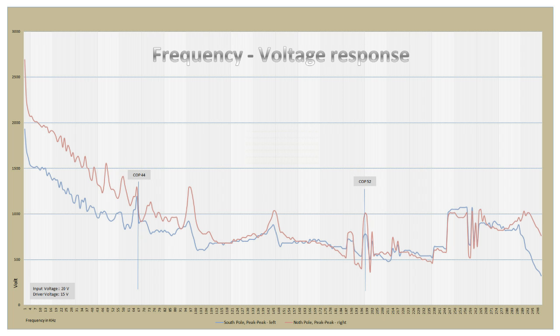Red stands for the north pole or the right hand side, blue stands for the south pole or left hand side. You would expect from a symmetrically arranged bipolar Tesla coil that the voltage would go up and down on both sides, but funnily enough that is not the case here. You see that the north pole or the right hand side always dominates, even if it's arranged in a symmetrical fashion.